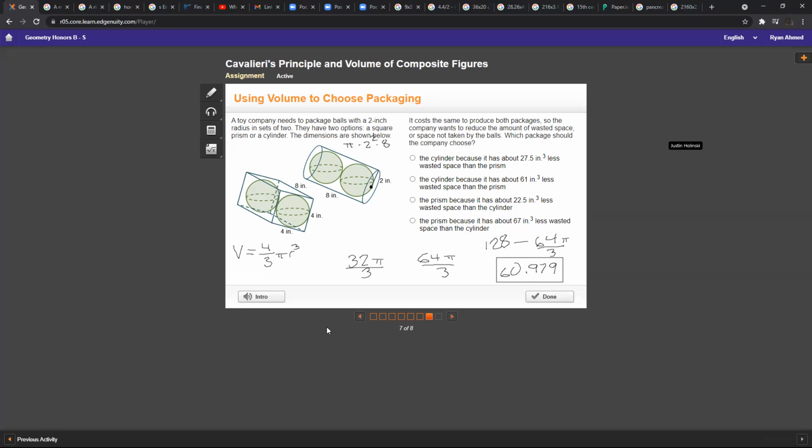So that gets us 32 pi. And we're using the same balls. They have the same radius. So we want to do 32 pi minus this quantity right here, 32 pi minus 64 pi over 3.